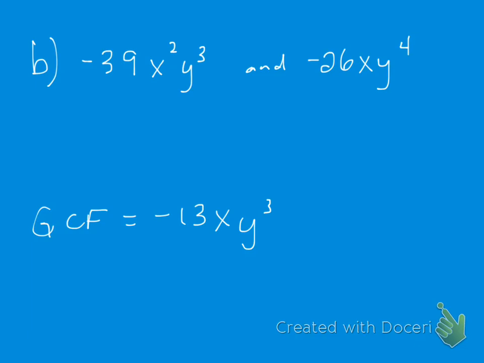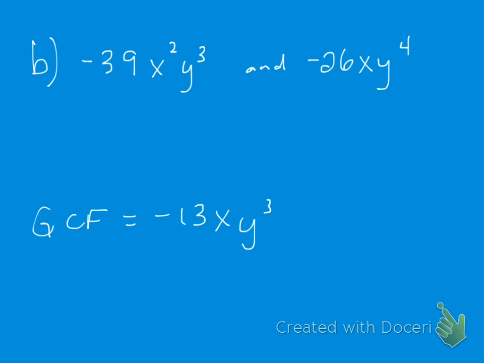When I'm looking at my variables, I'm looking at my smallest common variable. Because they share 1 x, my small number is coming down. They share y's, but my small y is coming down. Does everybody follow that? It's kind of reversed when you're talking about variables.